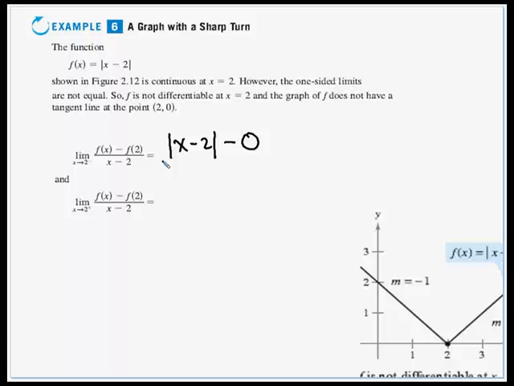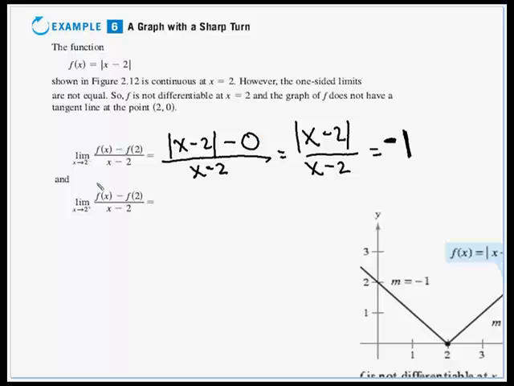So that becomes the absolute value of x minus 2 minus 0, divided by our denominator x minus 2, which is the absolute value of x minus 2 over x minus 2, which is equal to negative 1.